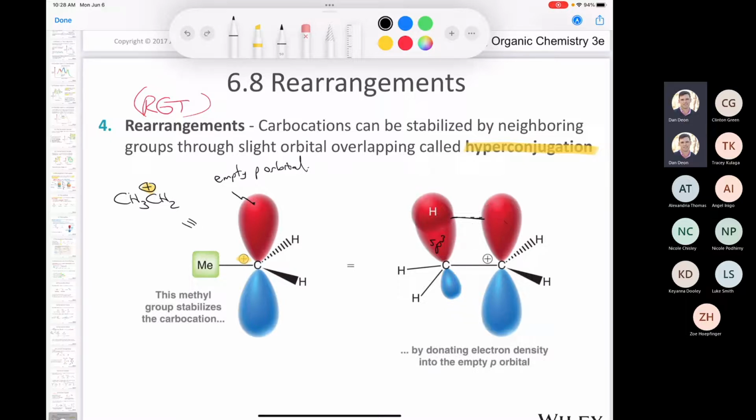The conclusion we can draw is that the more alkyl groups we have surrounding our carbocation, the more stable it is, because those neighboring alkyl groups donate or stabilize it through hyperconjugation.